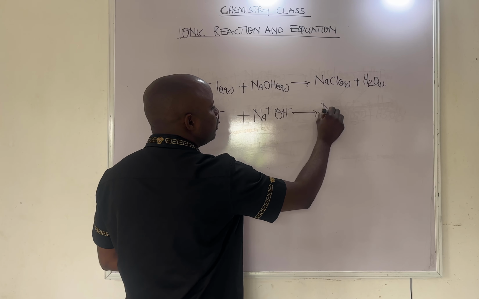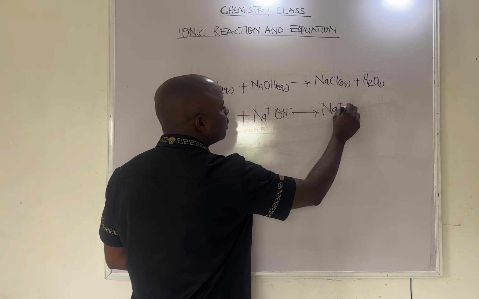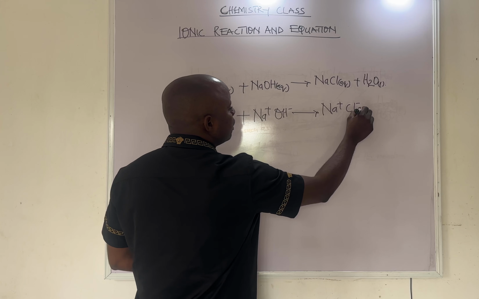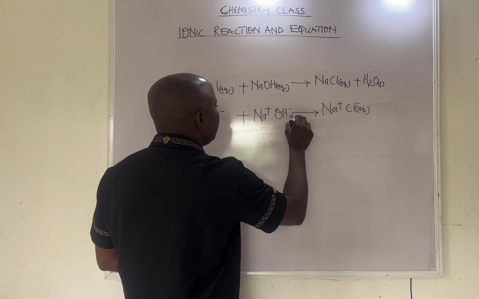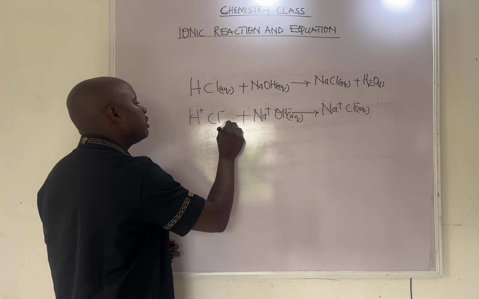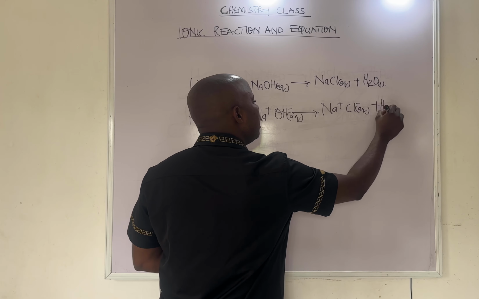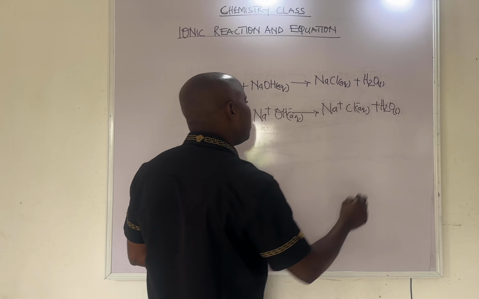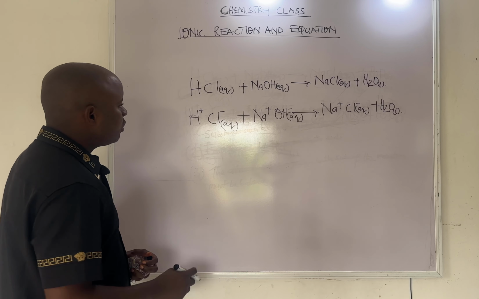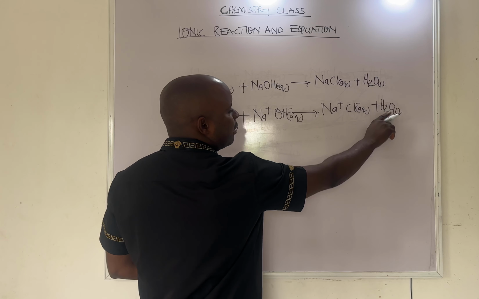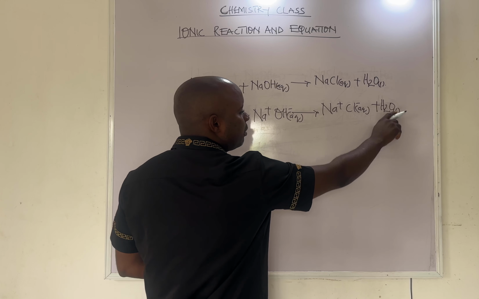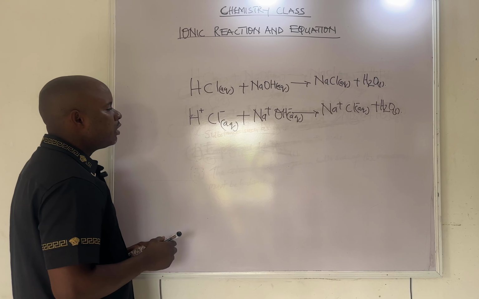We're going to have sodium plus Cl aqueous, this is aqueous, this is aqueous, plus H2O liquid. Since we did not break the H2O, we represent it as a molecule, as I said from the rules. What is next?